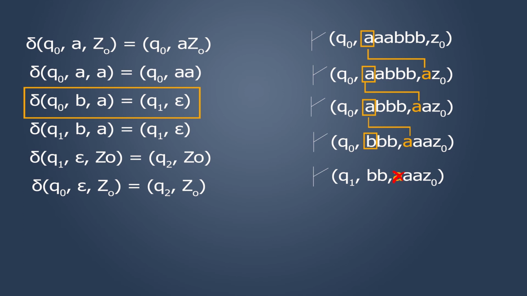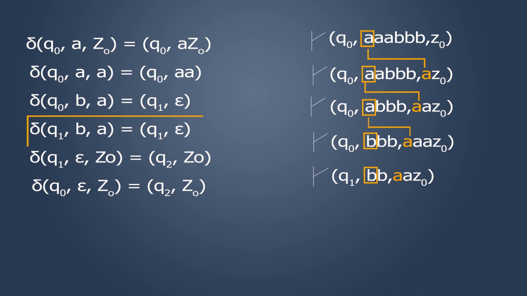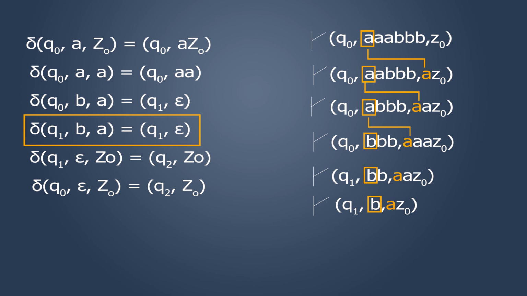On Q1 state, now my input symbol happens to be B with A as top of the stack. We know that this A has to be cancelled. So this transition function would get executed and it would remove the top of the stack. Again, my input symbol happens to be B and my top of the stack happens to be A. So this transition function would get executed and it would remove the top of the stack.